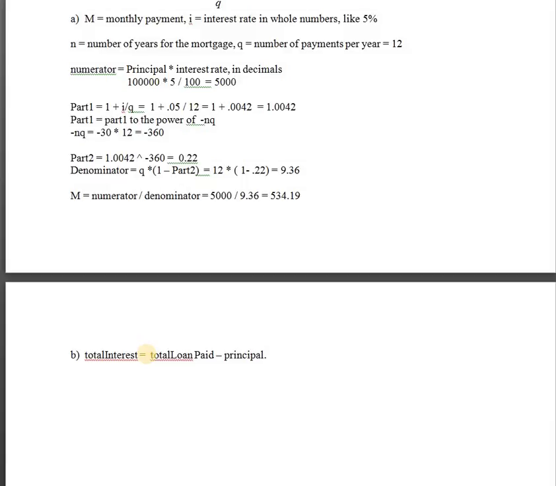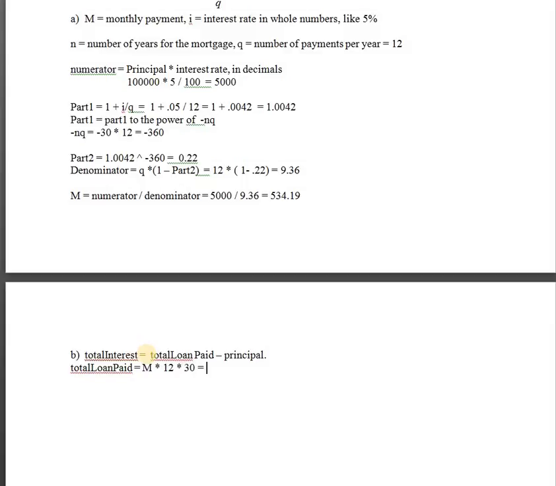Because after all, there isn't anything else but interest. We aren't calculating things like taxes and insurance. We're just calculating the mortgage interest. So total loan paid is going to be equal to the monthly payment times 12 months in a year times 30 years.